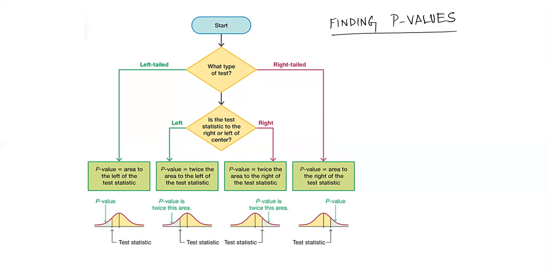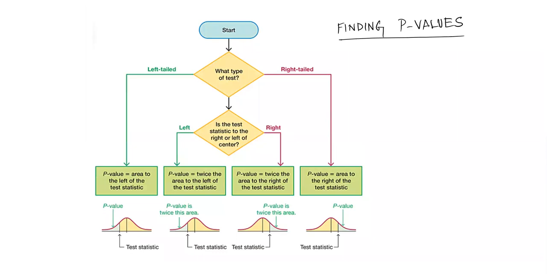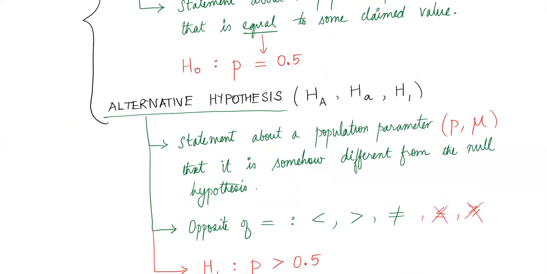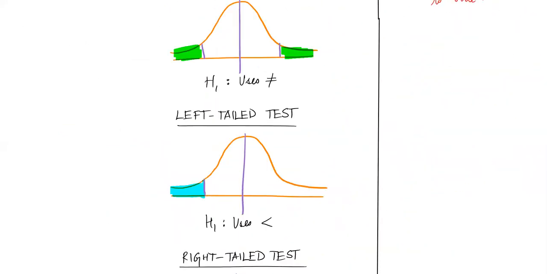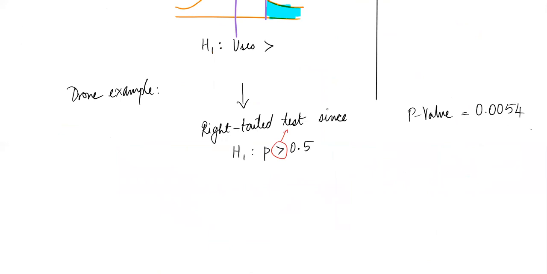So we are focusing on the right side, because it's the right-tail test. Using that procedure, we come down to finding the p-value as 0.0054. Again, I will save this for later.